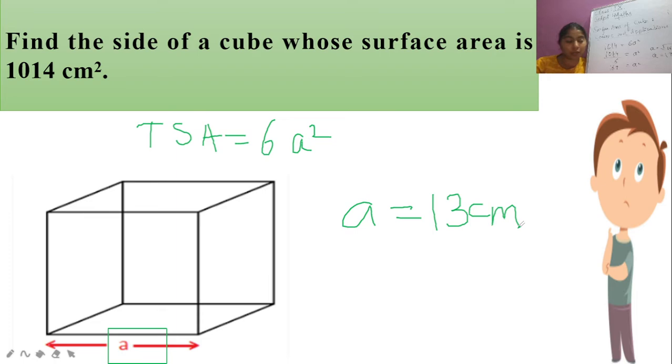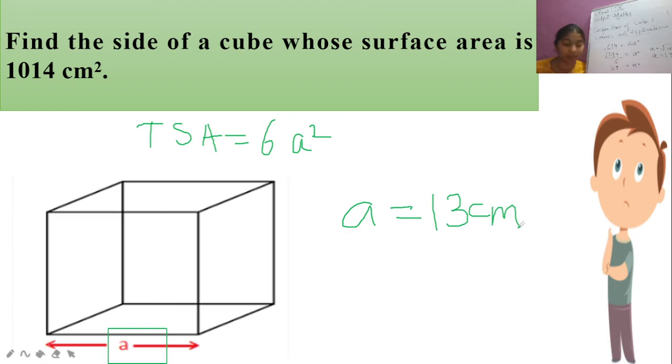So students, many questions are like this. The surface area is given to you, but the side is not. So with the formula only you will calculate, because without the formula you are not able to calculate the side of this cube. That's why we have formulas to find out the missing terms easily.